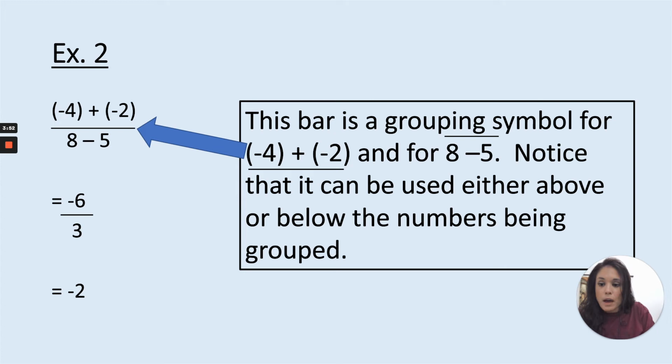So you will evaluate this. A negative 4 plus a negative 2 equals negative 6. And then 8 minus 5 is positive 3. So you'll continue this problem. You will divide. Remember, this bar can also mean division. So negative 6 divided by 3 will equal a negative 2.